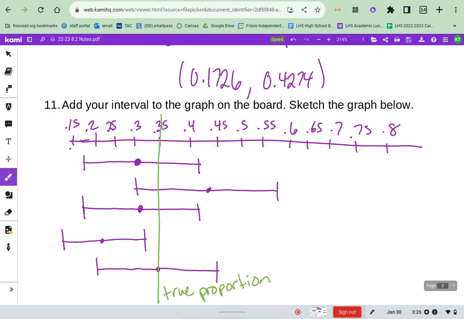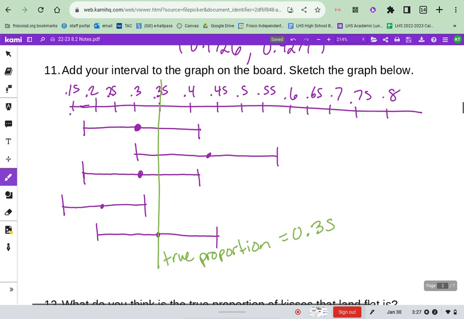But remember, since this is 95% confidence, what that means again is that if we had many confidence intervals, we would expect 95% of them to actually capture the green line, the true proportion. And 5% of them probably wouldn't capture the true proportion. So just remember, that's what the confidence level means. So the true proportion was 0.35.